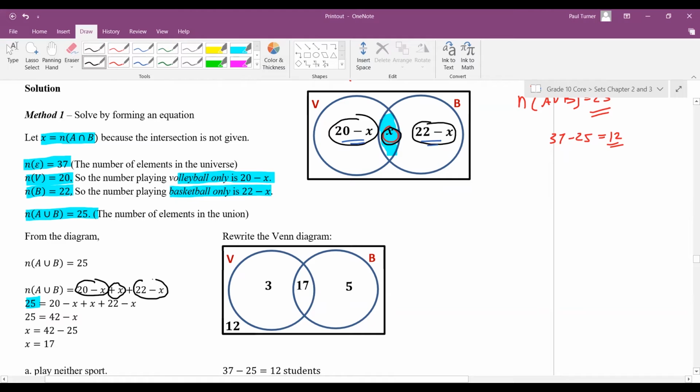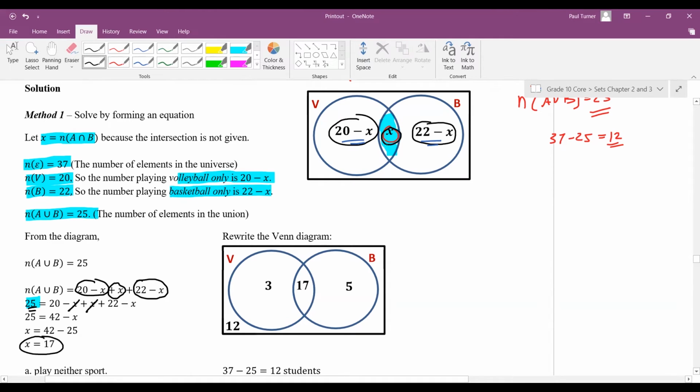Okay, and that should equal 25 there. So when we simplify this equation, 2 of the x's will disappear, minus x plus x is 0. We'll have 42 minus x. And when you rearrange this equation to find x, you'll get x is 17.